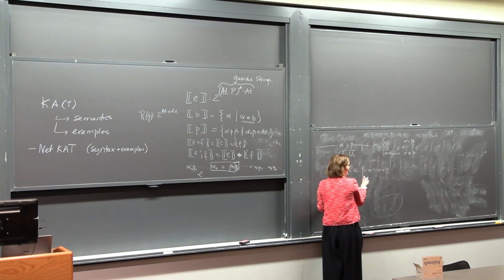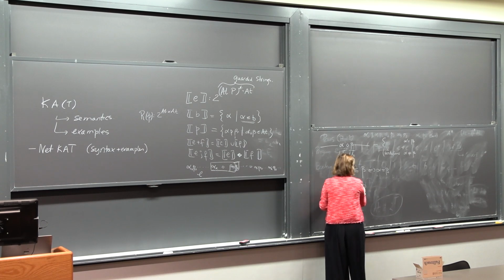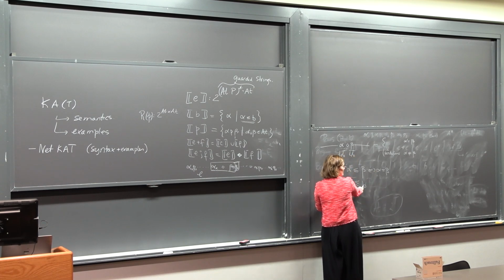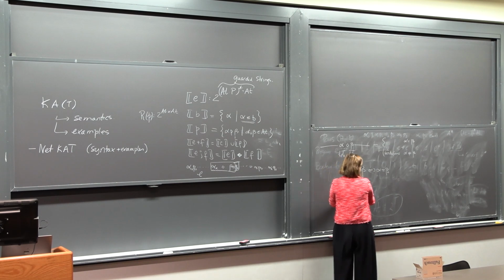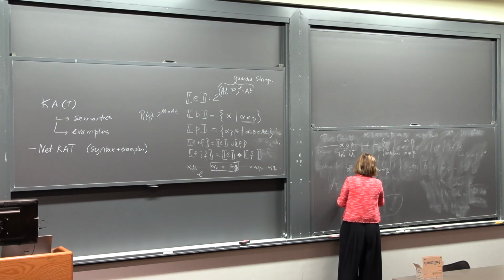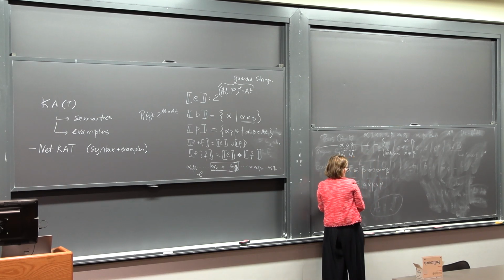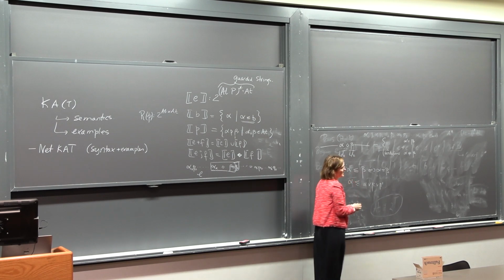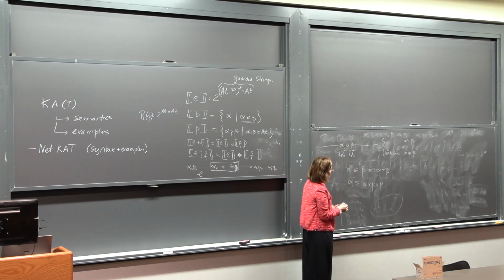On the other hand, if I write alpha implies B for some arbitrary B, this can be true for many B's, because B could be alpha, beta, or beta prime. But with exactly alpha and beta, there is no way that one implies the other unless they're the same. Okay?